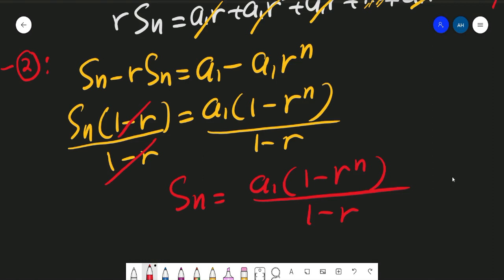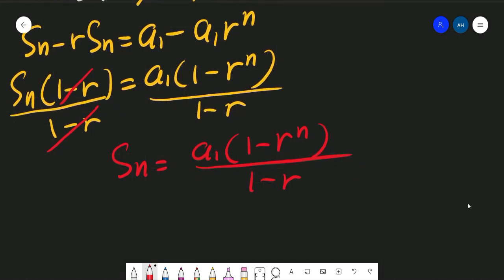In using this formula we have to be a little bit careful because r must not equal 1. We won't allow r equal to 1 because then the denominator will be equal to 0, and that will be undefined.